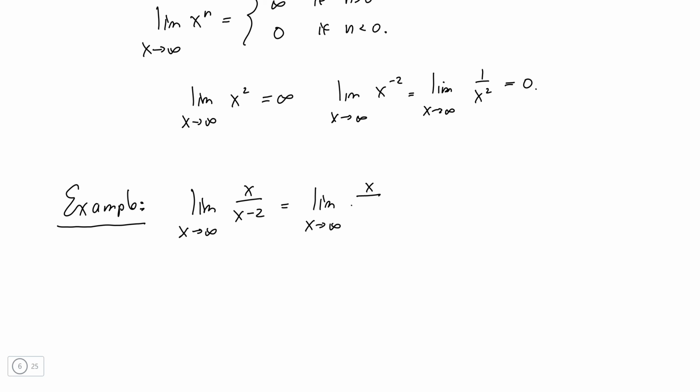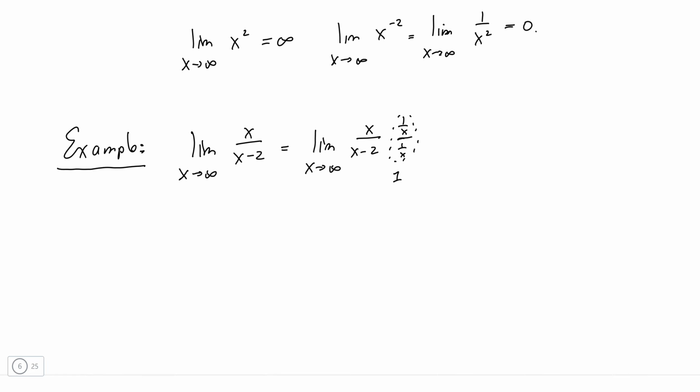So what we can do is we can just multiply this by 1 over x over 1 over x, and notice that I'm just multiplying this by 1, so I haven't changed anything. And so now if I FOIL that through the top and the bottom, I got the 1 over x because that was the highest power of x in the numerator and the denominator.